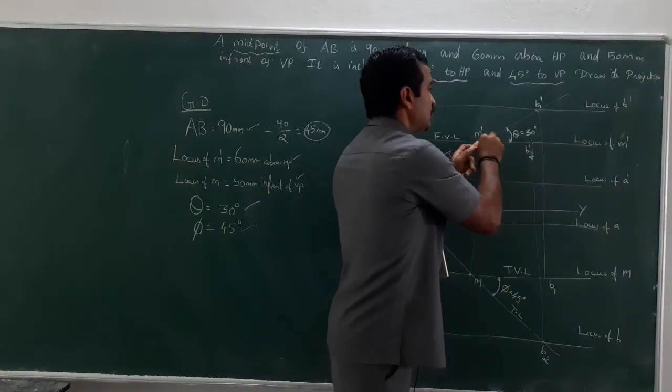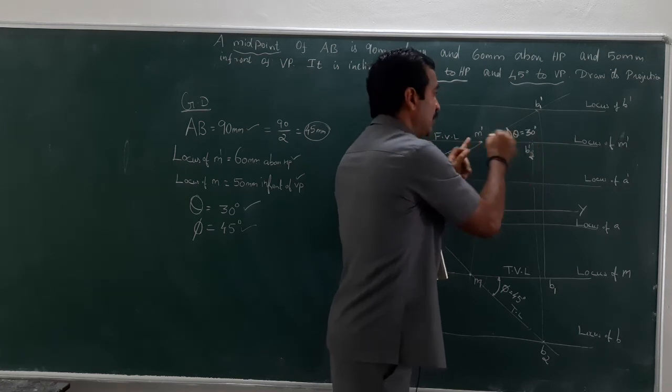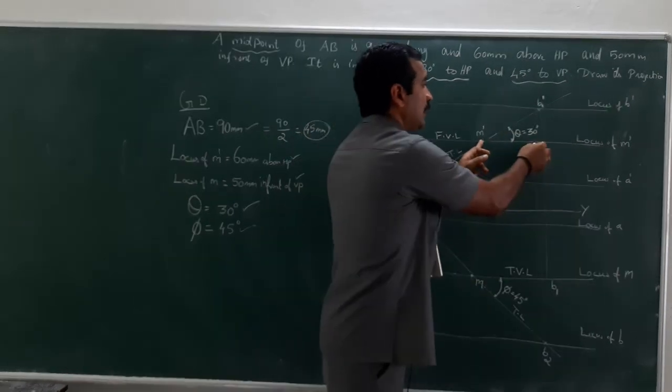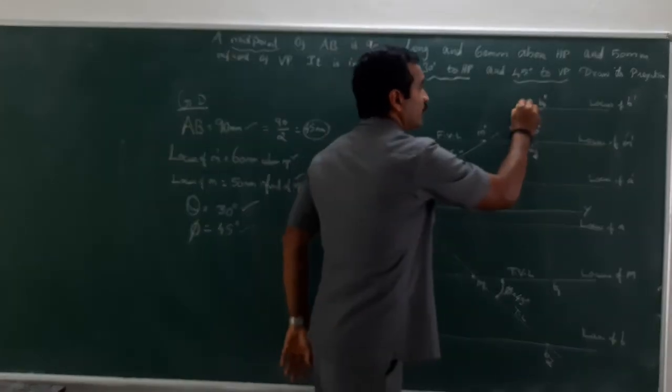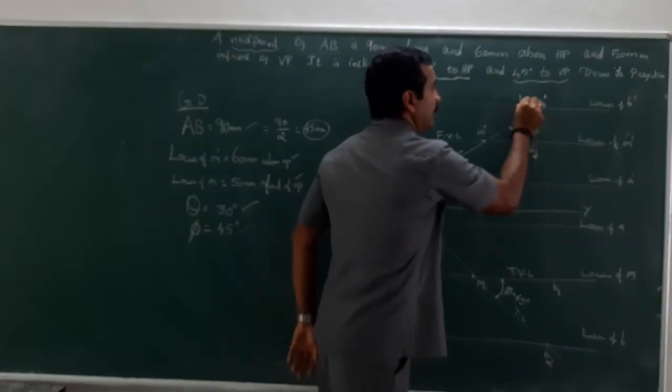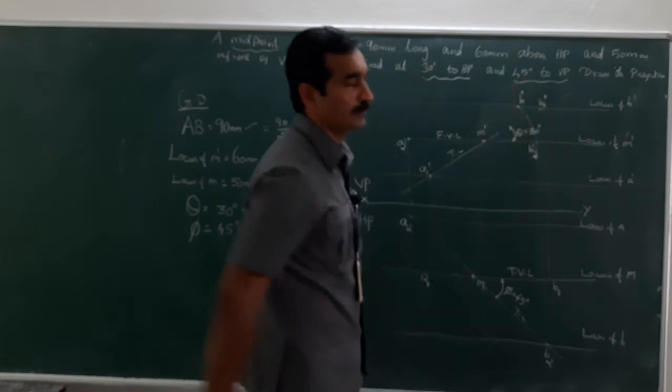So measure the distance between M dash and B2 dash in your compass. M dash as center, cut an arc till it intersects the locus of B dash. So this point becomes B dash.